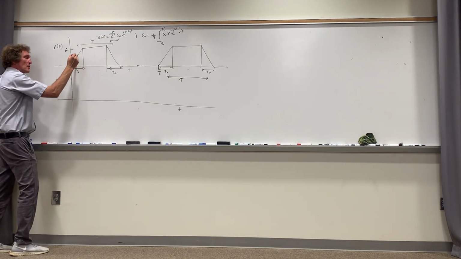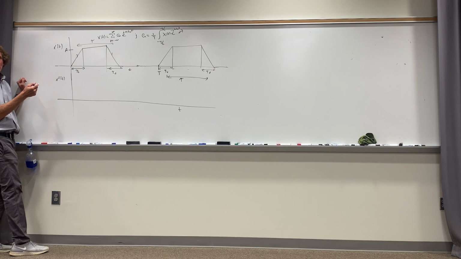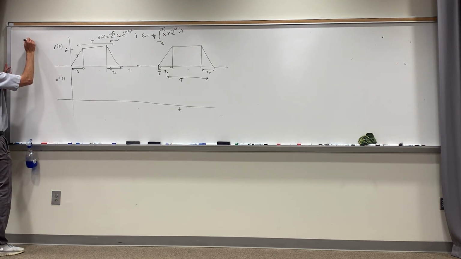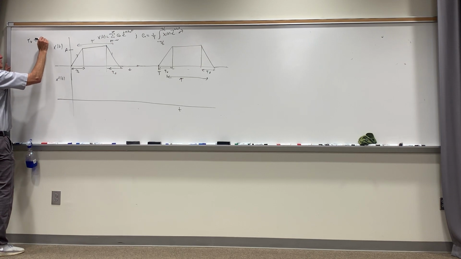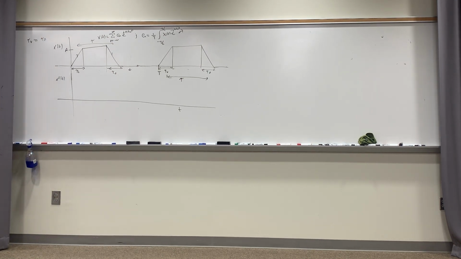Well, derivative of this part with respect to time, come on, it's a constant, isn't it? Isn't it just the slope of the line? It's A over tau rise, right? Matter of fact, we do this always too. Tau rise is equal to tau fall. In all digital circuit analysis, you find the one that is the fastest and you put it there, right? Be it the fall time or rise time, you use the one that's the fastest.